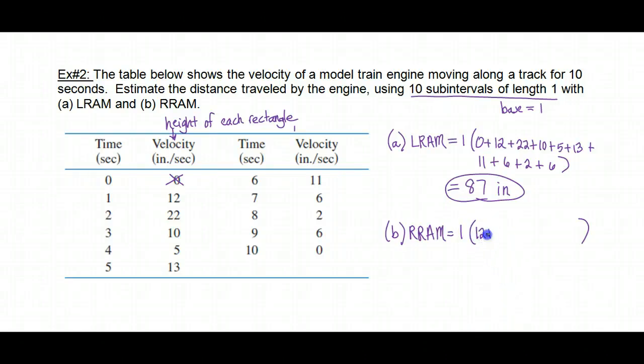Instead it would be like starting out with 12 and then 22, and then 5, and then 13, and then 11, 6. You get the idea. It's like the zero is added at the end of this one instead of the beginning, but it's kind of irrelevant. So we get 87 inches.